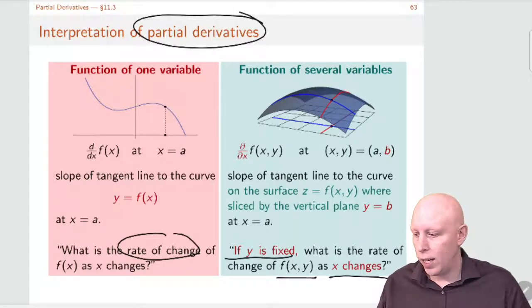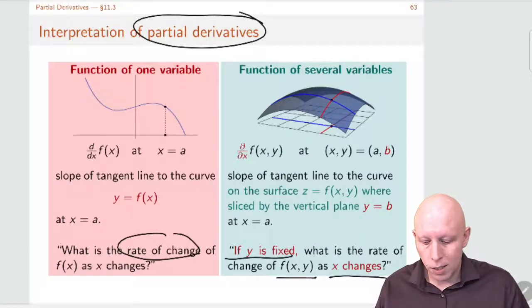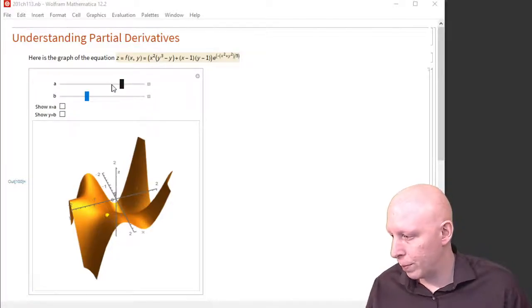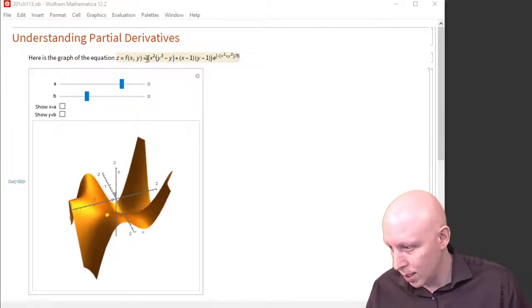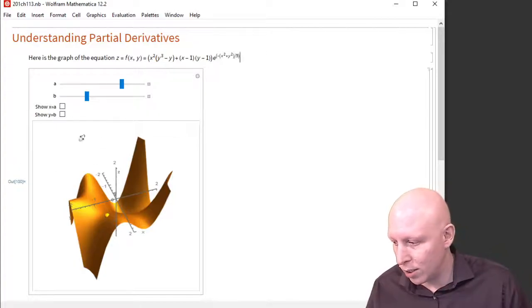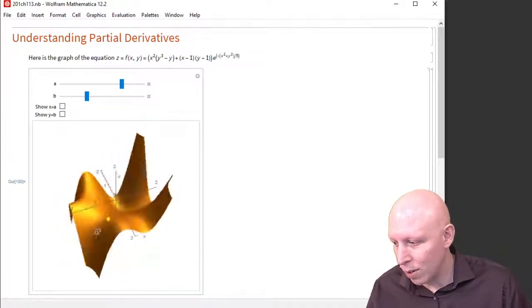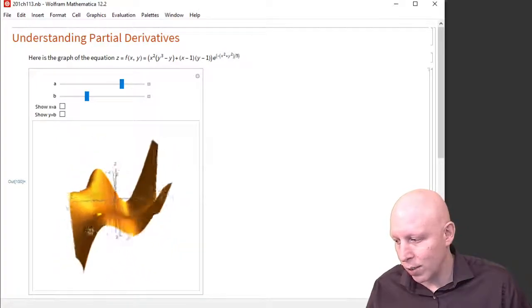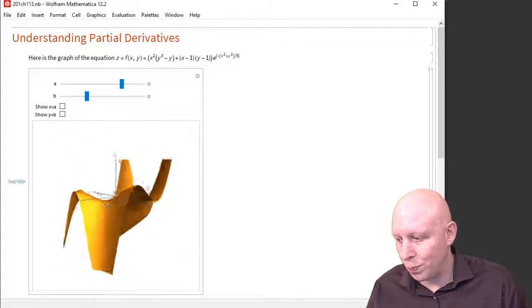So I created a visualization to help us understand this a little bit better. So here is the graph of an equation. Now, it's a crazy equation, but I made it a crazy equation so that we could have something that had a bunch of bumps and curves, all located around where x and y are both 0.